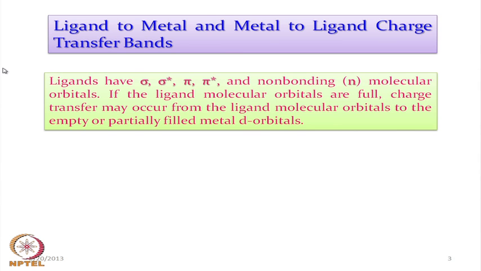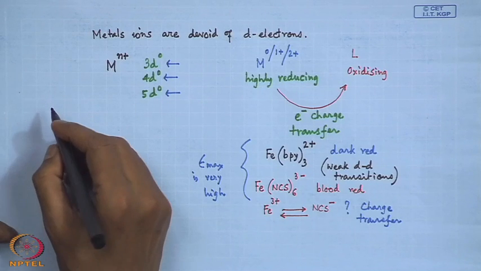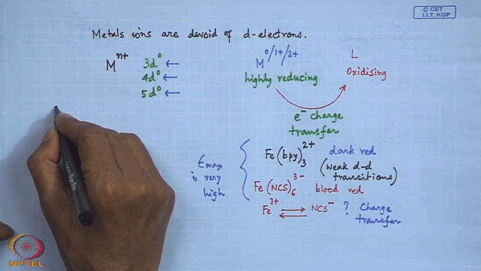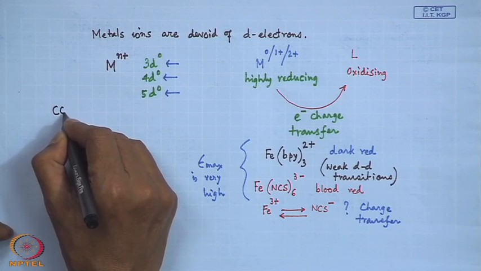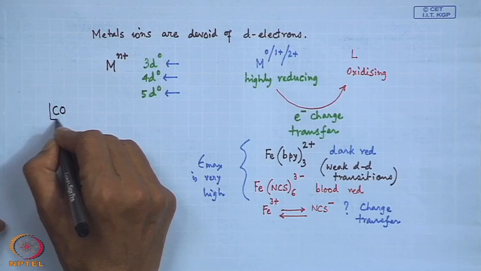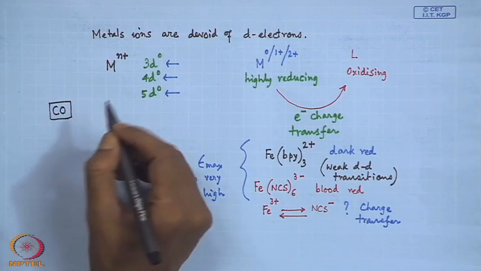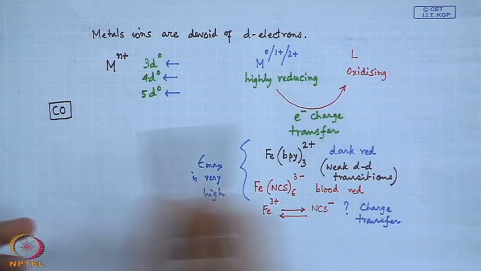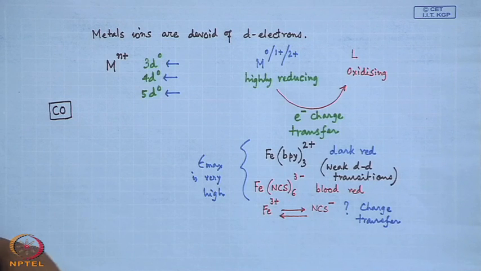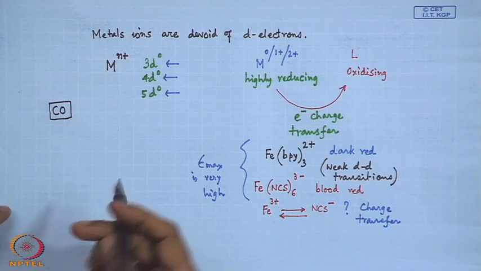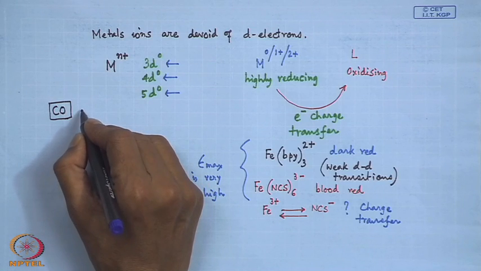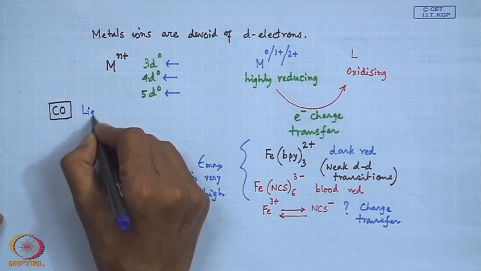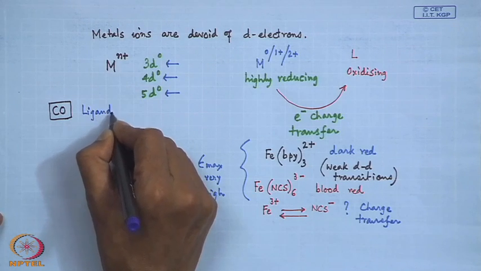So, we will see what different types of ligands we can have. We can see the molecular orbitals of carbon monoxide. As we all know, carbon monoxide can be a very good ligand to a particular metal system.